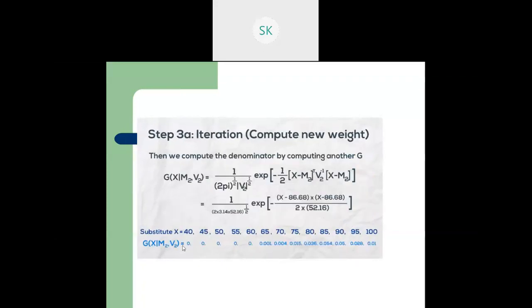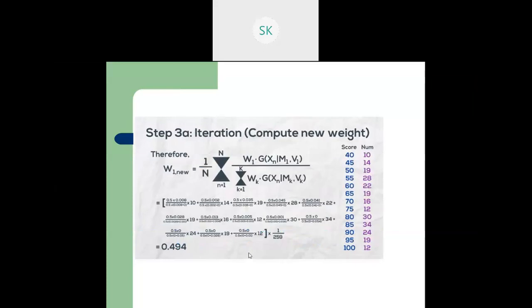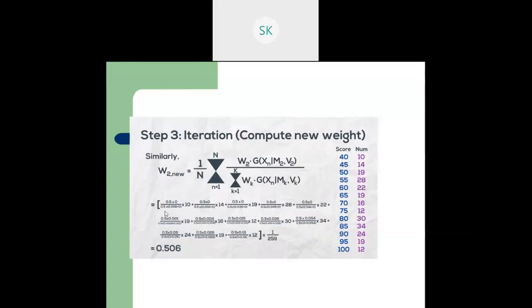And with respect to the second, the first 5 are 0. So this is with respect to the first component. Now this is with respect to the second component. Further statistics are provided with respect to the marks and everything, 1 by n number of students. So first 5 were 0, that is 1, 0, second 0, third 0, fourth 0, and fifth 0. Okay. Computation in the previous slides is placed here and the result is 0.506.